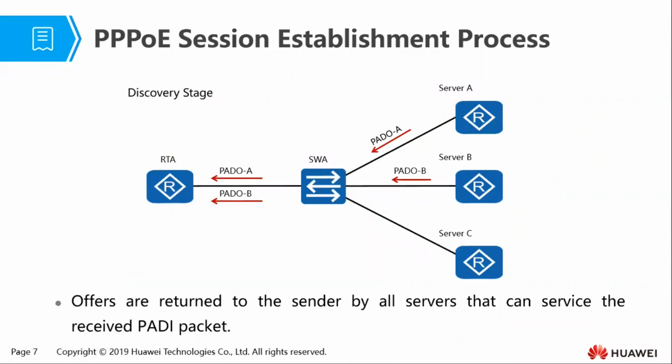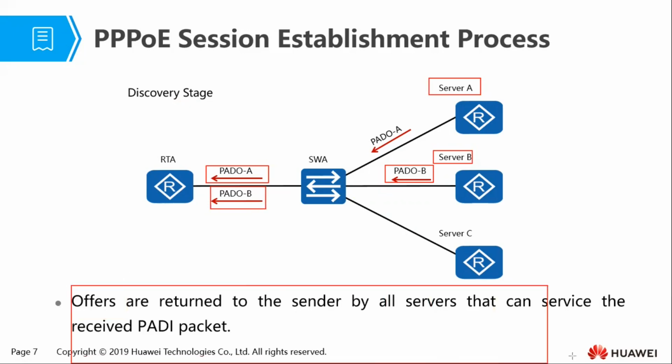So then we move on. Now, depending on the services that you've requested, several servers that offer those services are going to reply with an offer, a PADO, PPPoE active discovery offer. So for example, in this particular case, RTA is receiving an offer from PPPoE server A and PPPoE server B. It is important to note that server C here is not responding with an offer.